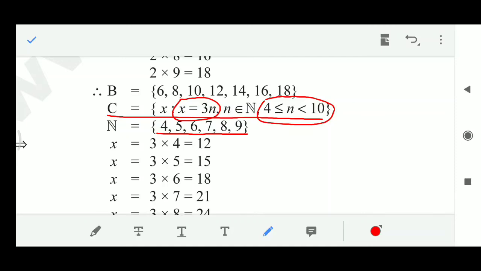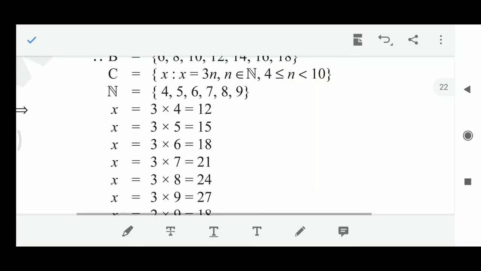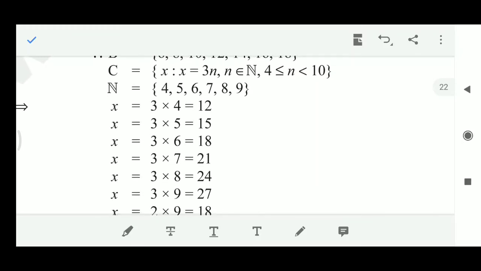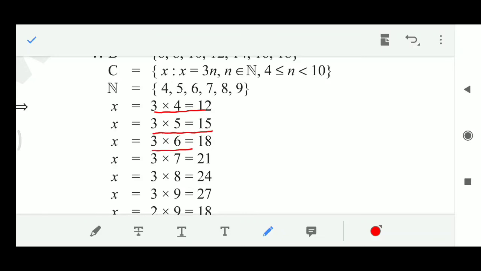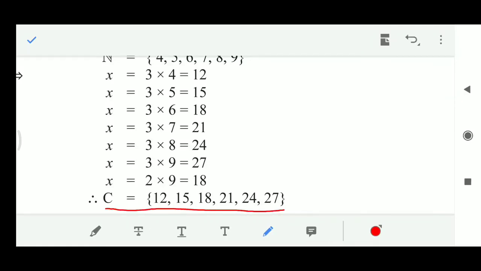You will get 3 into 4 is 12, 3 into 5 is 15, 3 into 6 is 18, 3 into 7 is 21, 3 into 8 is 24, 3 into 9 is 27. So the elements of C are 12, 15, 18, 21, 24 and 27.